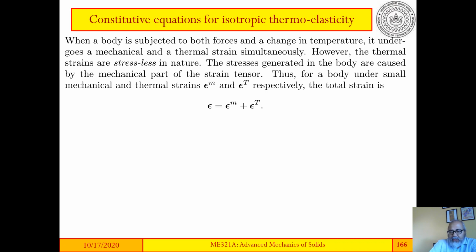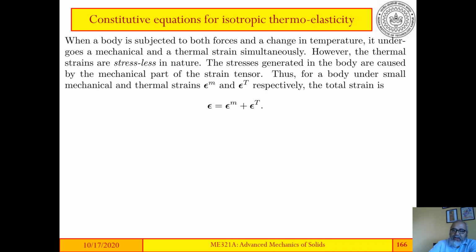But on the other hand, if you try to restrict this expansion, say you put it in a box and then you heat it, then stresses are generated. Stresses are only generated when the thermal expansions, the thermal strains, are prevented, and when they are not prevented, there are no stresses generated.